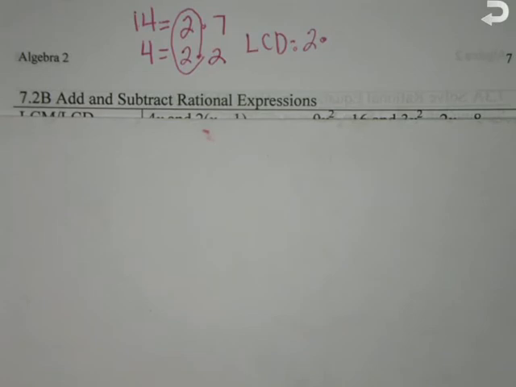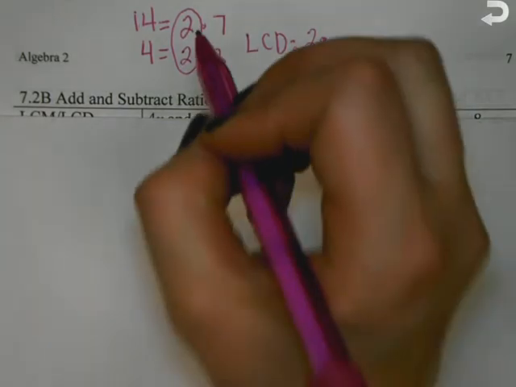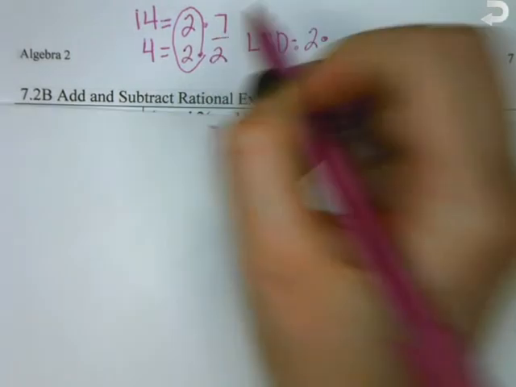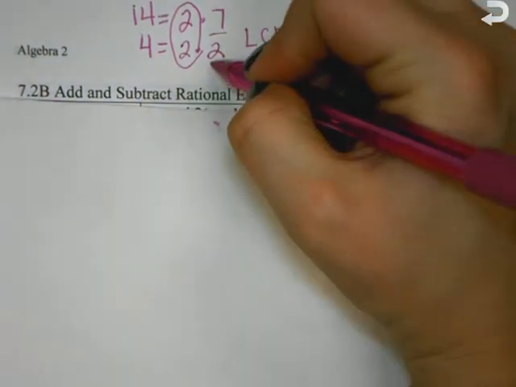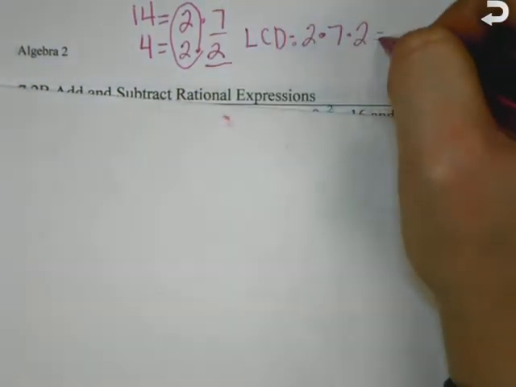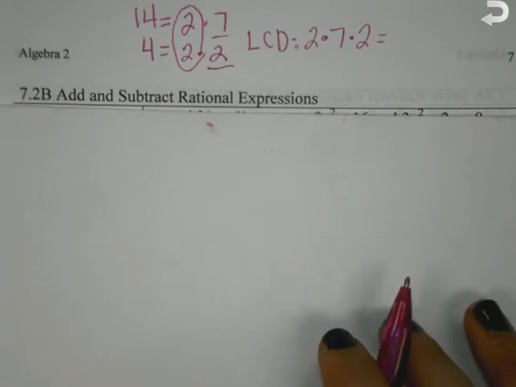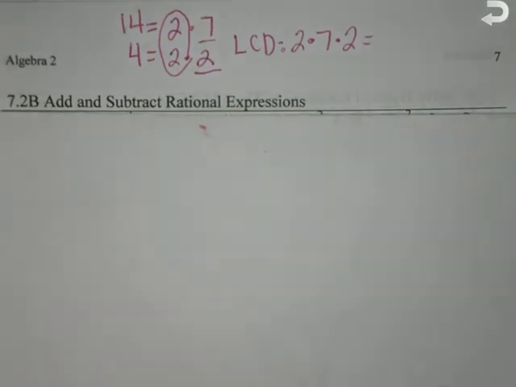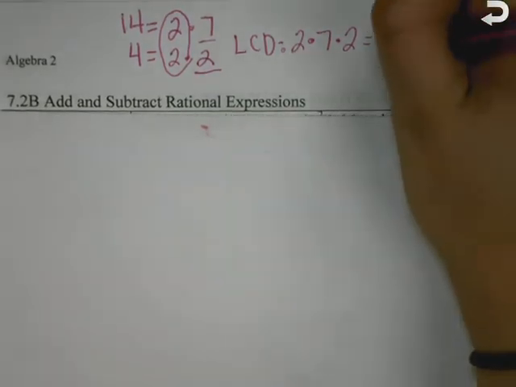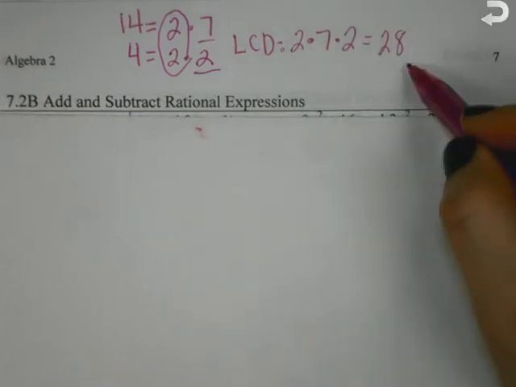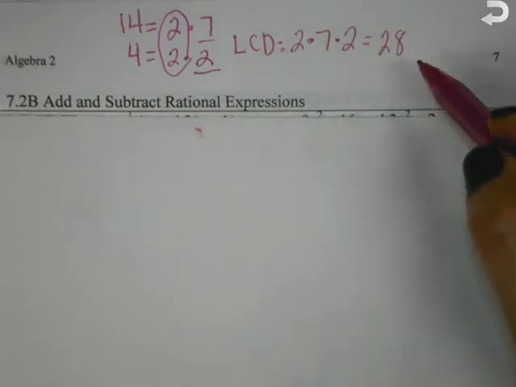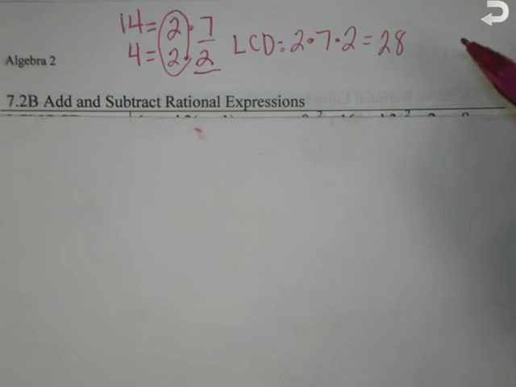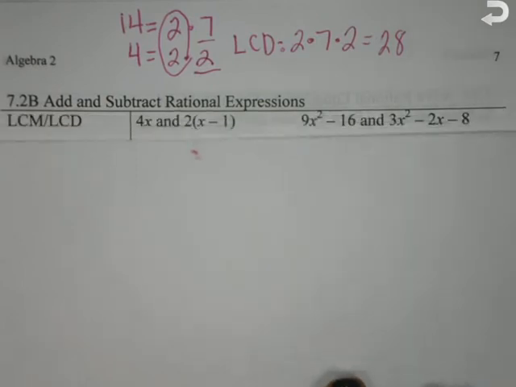What is not in common? A 7 and a 2. We do want to multiply them all together. So 2 times 7 times 2 gives me 28. So my LCD here is 28. Is everybody okay with that process? Yeah?